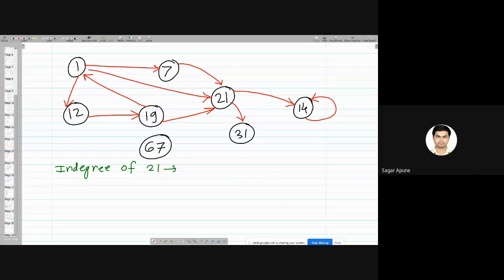Right, 3, because 21 has incoming edges: 7 to 21, 1 to 21, and 19 to 21. So the in degree of 21 is 3.